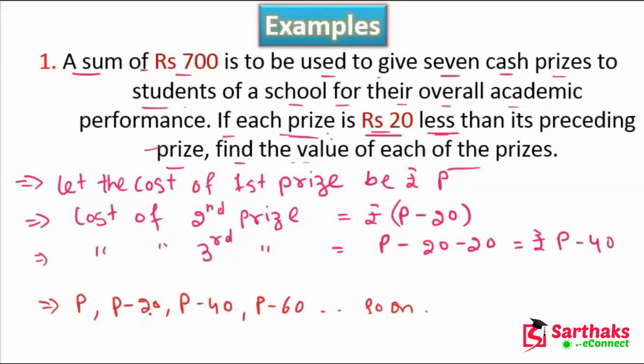Now what do we have to find? The question says find the value of each of the prizes. What have we been given? We have been given that a sum of 700 rupees is to be used for 7 cash prizes, so S7 is equal to 700.